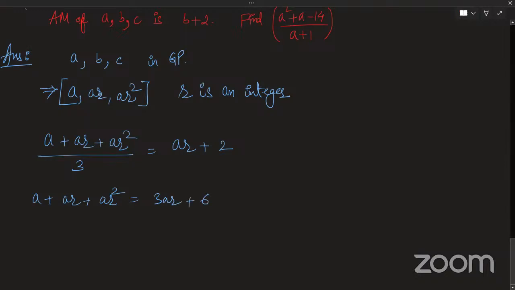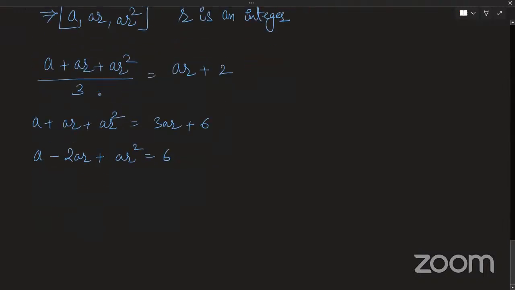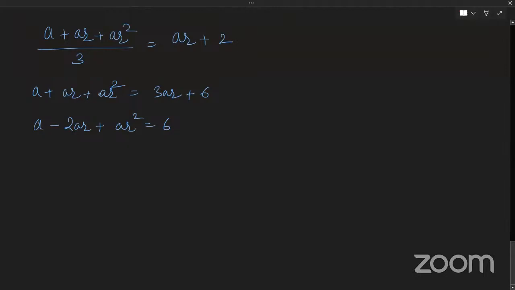So A minus 2AR plus AR square is equal to 6. In other words, A into 1 minus 2R plus R square is 6, which is A into R minus 1 squared equal to 6.